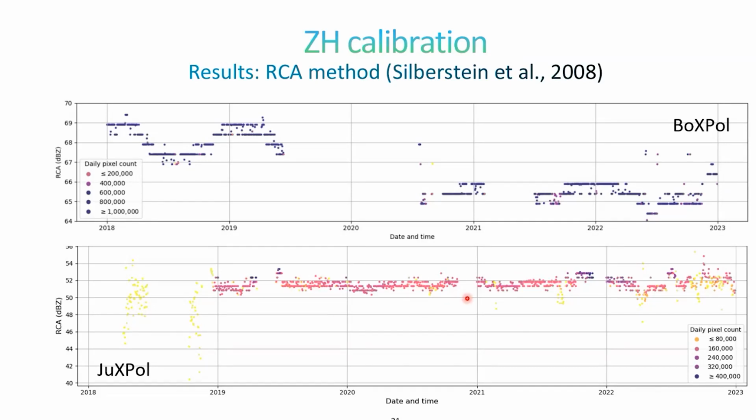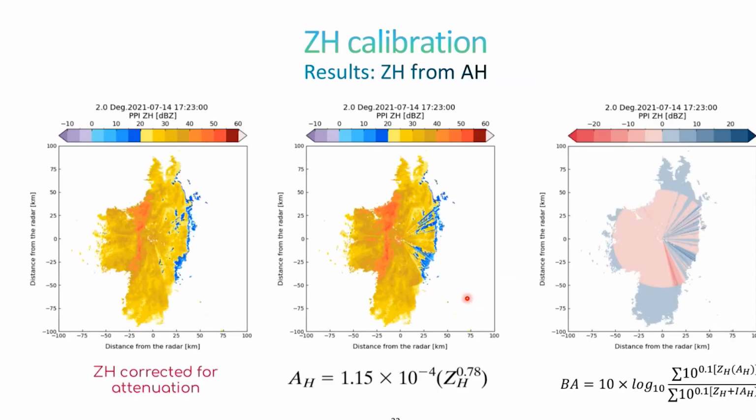So it's working really well, especially on that radar. And yeah, the same on the calibration: we have this value of ZH corrected for attenuation, and we have the attenuation that we're computing from this equation that was derived using DSD simulations.